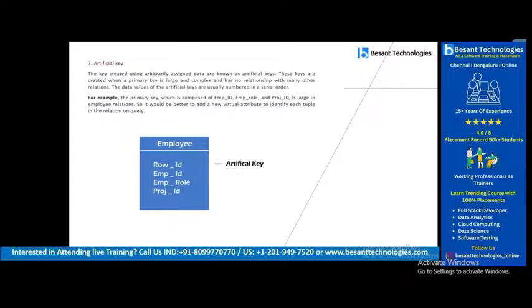Or even if primary keys are present, it is maintained for auditability and traceability within databases for certain tables, not for all the tables. What do we mean by an artificial key? Artificial keys are nothing but row numbers. Literally, for every row in the table, we'll assign a numeric number: 1, 2, 3, 4, 5, 6, 7, 8, 9, 10. Like that, continuous numbers will be assigned. This is called an artificial key.